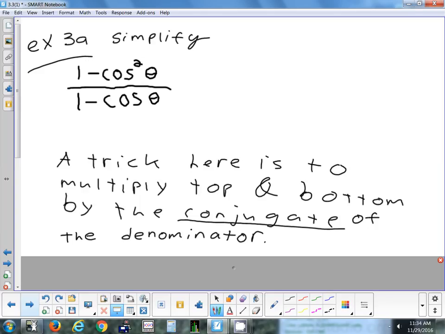When we had a problem like this, with complex numbers, and I wanted you to divide them, I said the trick was to multiply top and bottom by the conjugate, which would be 1 plus i in this case. You just change the sign of that thing in the middle. Well, we can try the same idea here.